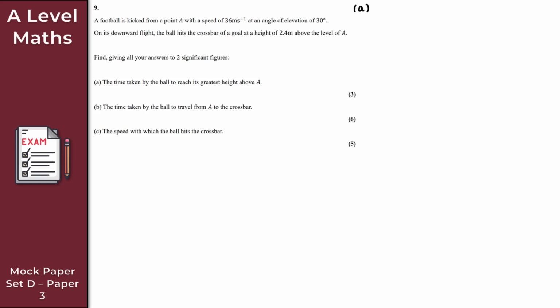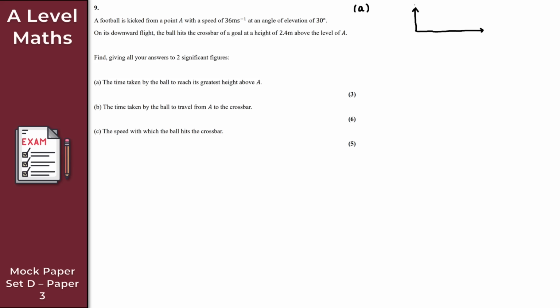Again, similar to the previous question, what I would do to begin with is draw a quick diagram. It doesn't need to be a masterpiece. All we want to do is visualize this problem, because what we've got here is a projectiles problem. So if I draw my diagram at the top, this is my horizontal, and I would have the vertical here.